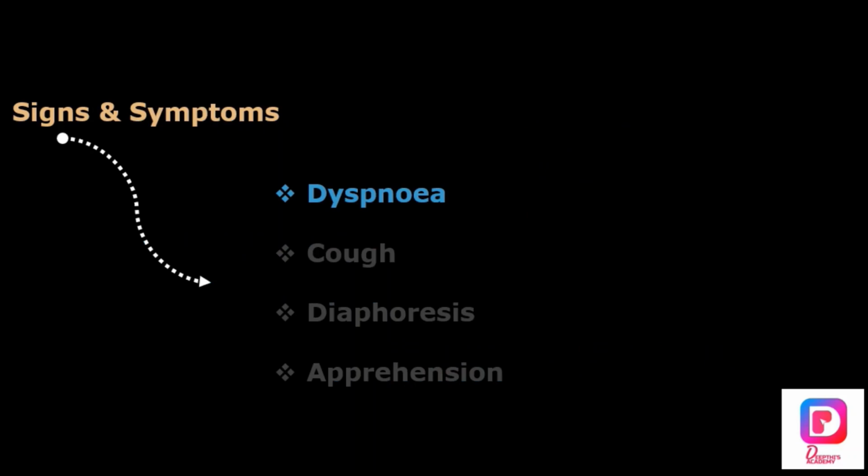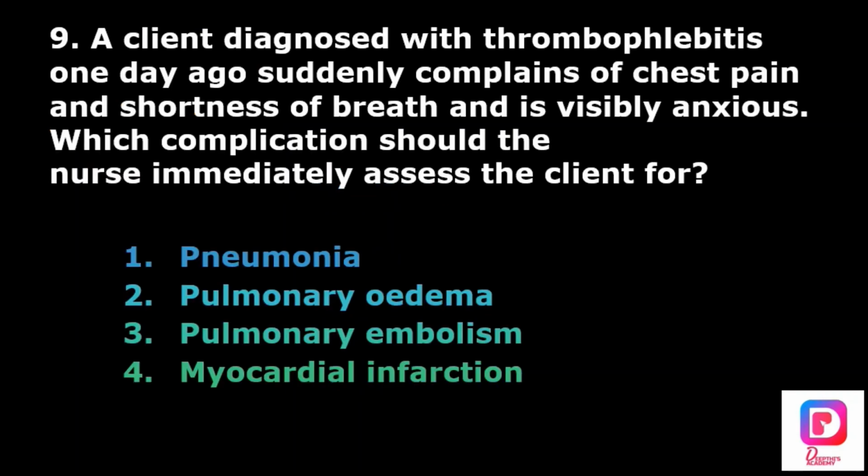The signs and symptoms include dyspnea, cough, diaphoresis, which is excessive abnormal sweating that tends to affect the entire body rather than a part of the body, and apprehension. Apprehension means fear and anxiety. These are the other symptoms that we can find. So, the most important complication that the nurse should immediately assess the client who is diagnosed with thrombophlebitis for is pulmonary embolism.